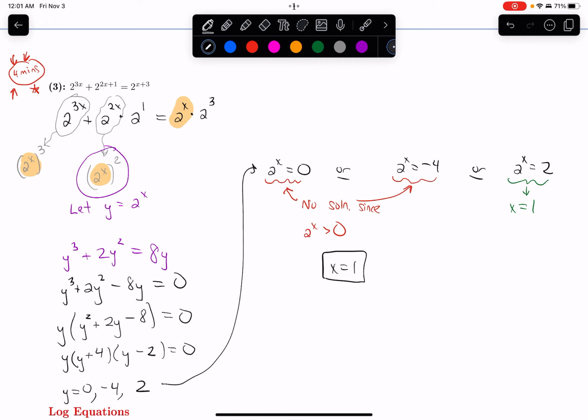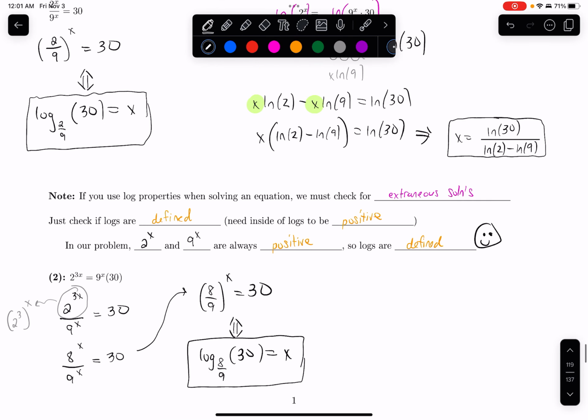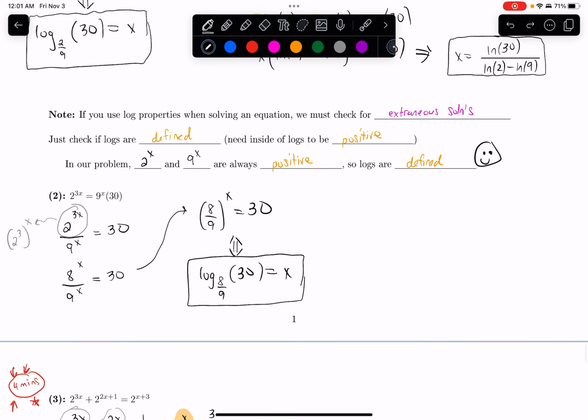One brief thing I want to mention about our extraneous checks before. We mentioned earlier in the video that if I'm solving an equation and I use log properties, then I have to check for extraneous solutions. If I look at this example that I did here, I didn't check for extraneous solutions, even though there was a log in the problem.